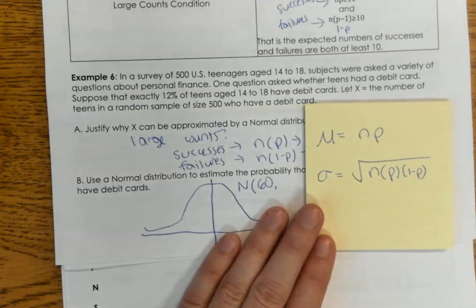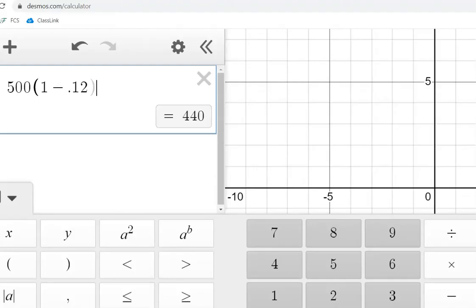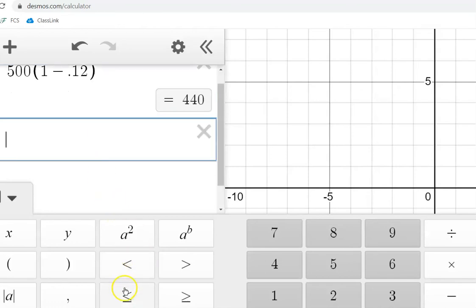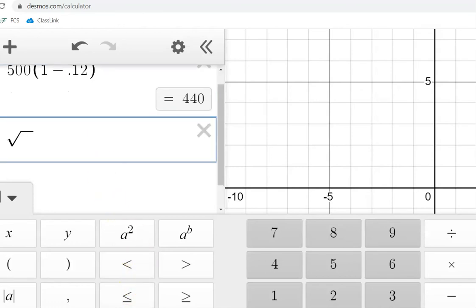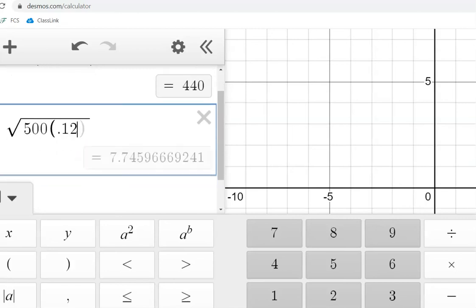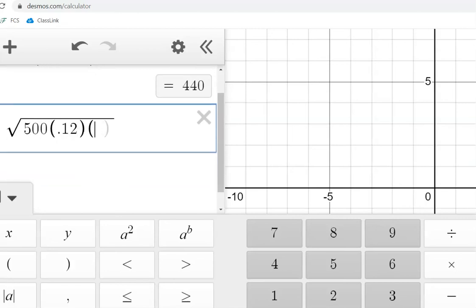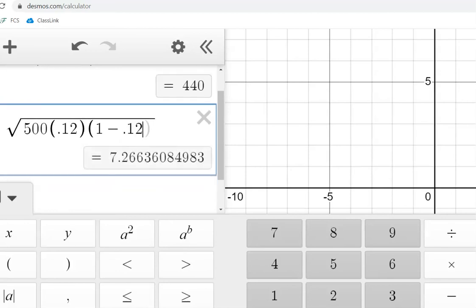So let's go ahead and figure out the standard deviation. Square root. N is 500, p is 0.12, and then 1 minus 0.12. All right, so it looks like our standard deviation, we'll round to 3 decimal places, is 7.266.